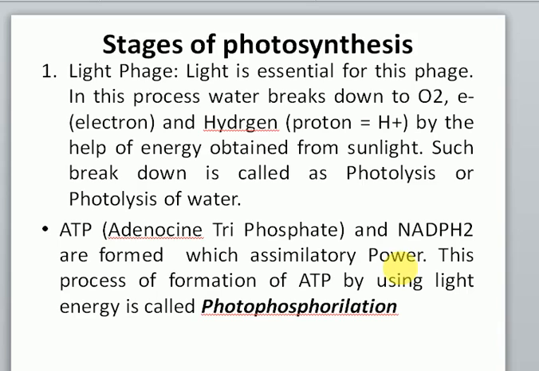Now you see that here we have what we call the light stage. Light is essential for this stage. This light stage can also be called the light dependent stage or light reaction stage, which means that it cannot happen without light.